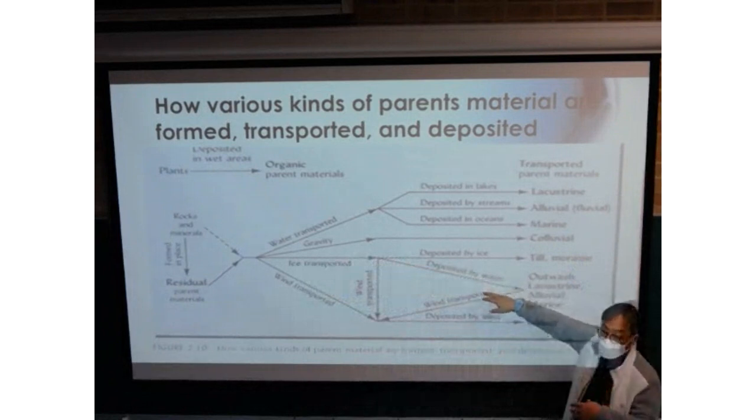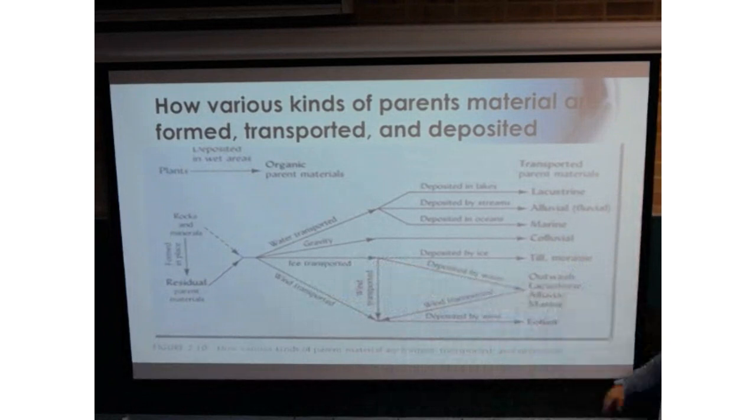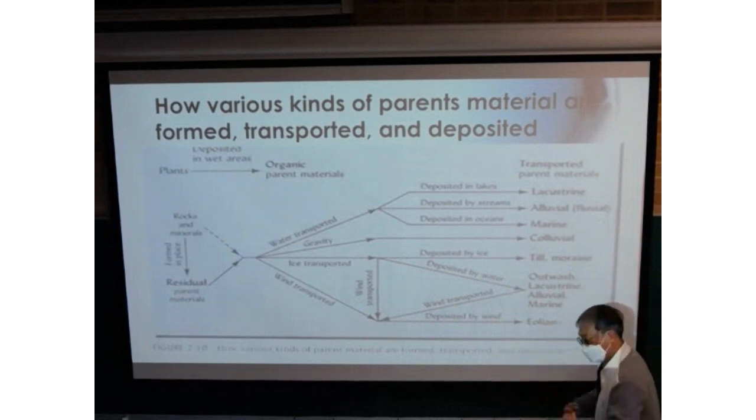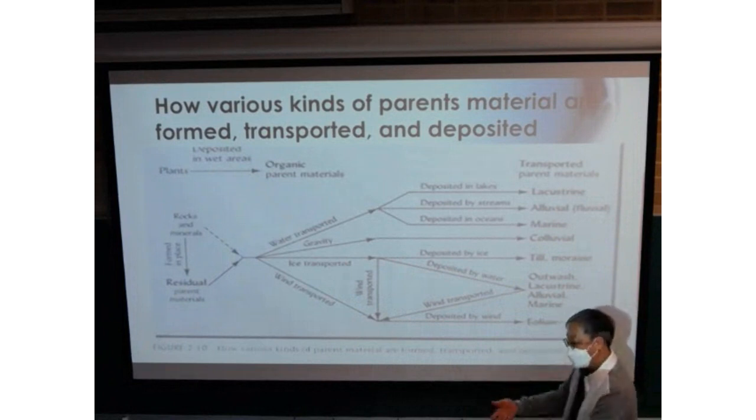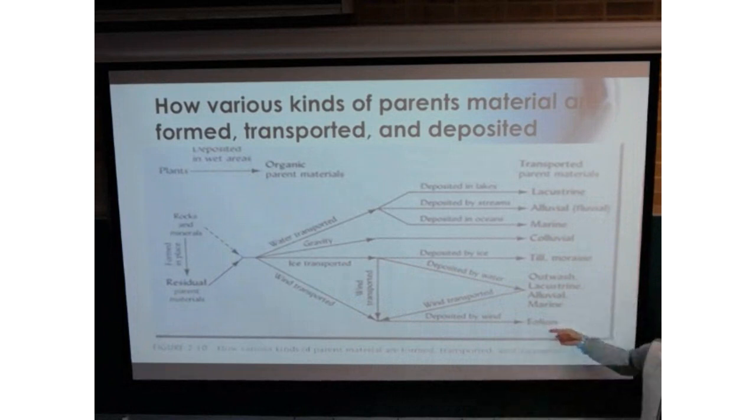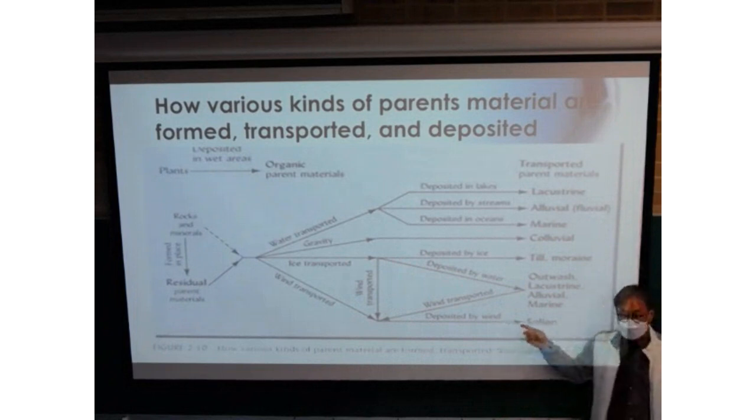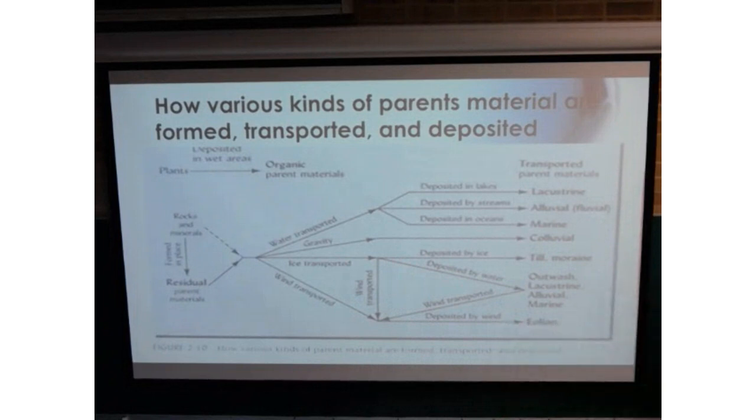The soil particles deposited by water, we call lacustrine, alluvial, marine. And then the wind carries the soil particles and deposits them. Eolian, we call the eolian, like a dune, D-U-N-E, sand dune. We are able to see these kinds of eolian deposits easily in the desert area.